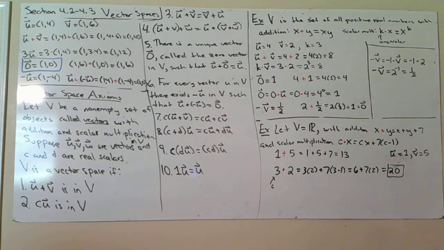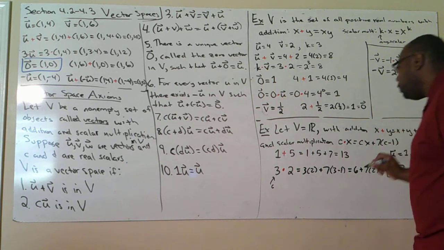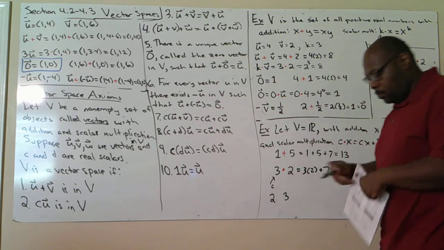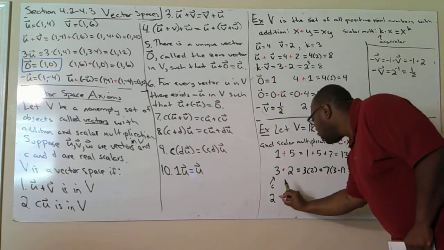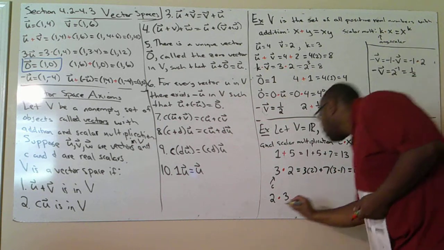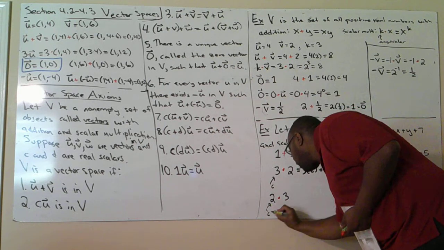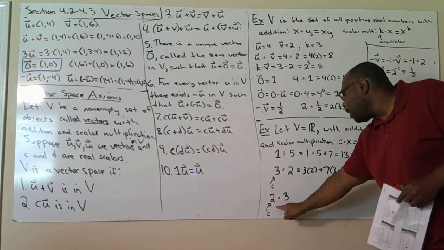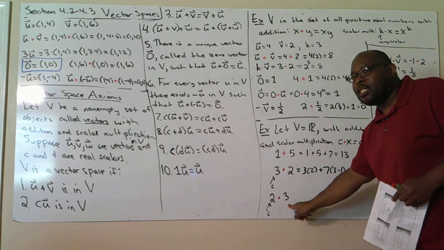Now the interesting thing is, what happens if I were to rearrange the order? So let's suppose I do 2 times 3. Okay, 2 times 3. So now this becomes my C. So 2 is my scalar now, and 3 is my vector.